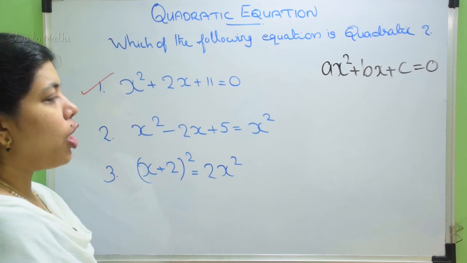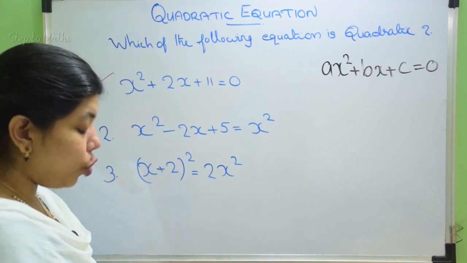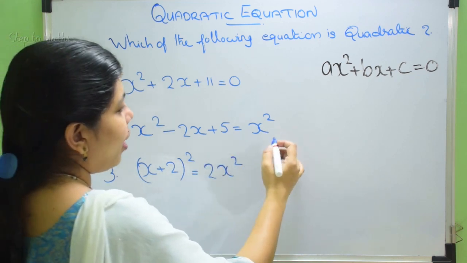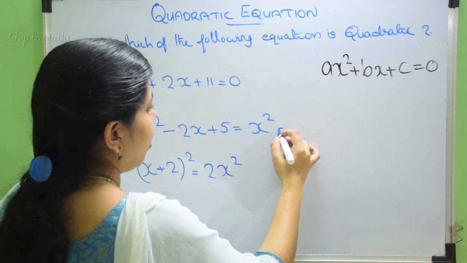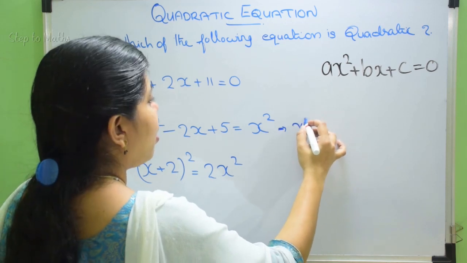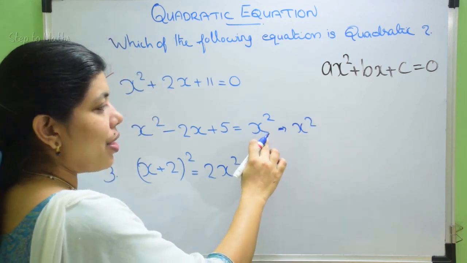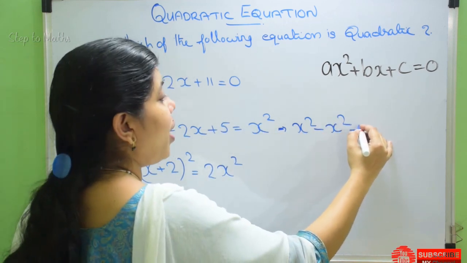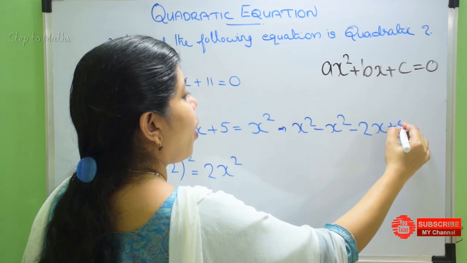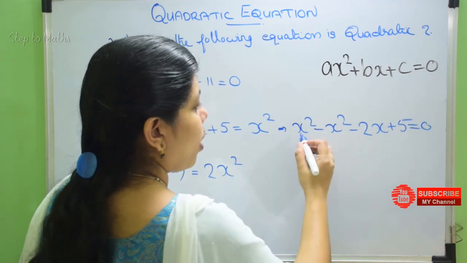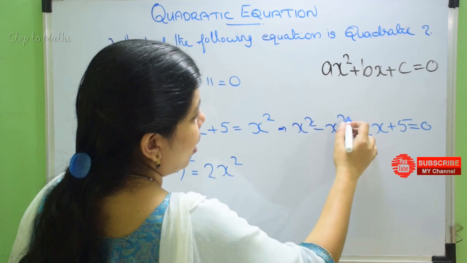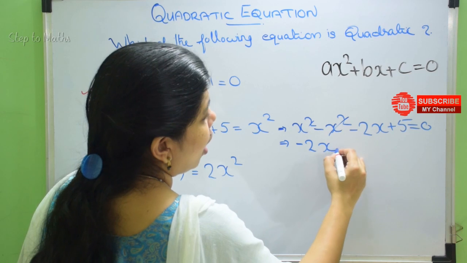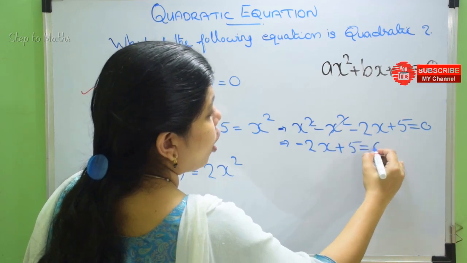x square minus 2x plus 5 is equal to x square. How can we rewrite this equation? Move this x square to the left hand side, it becomes x square minus x square minus 2x plus 5 equal to 0. x square and minus x square cancel and the remaining is minus 2x plus 5 equal to 0.